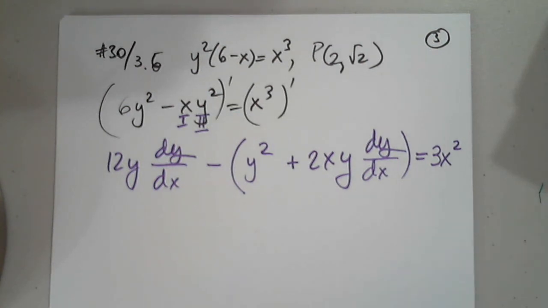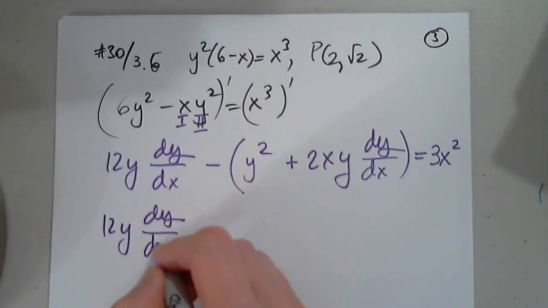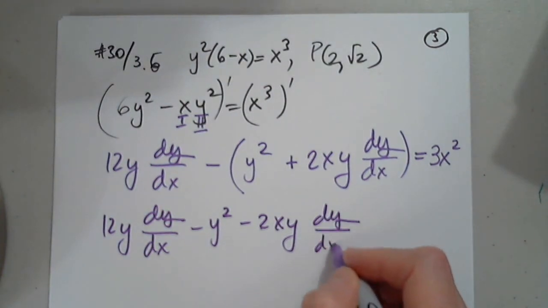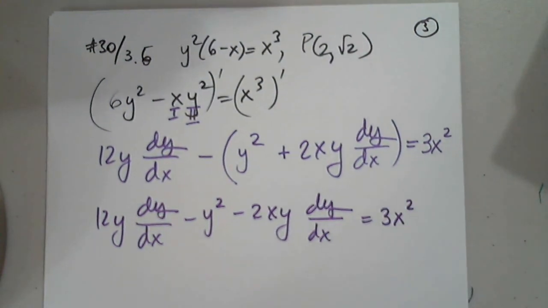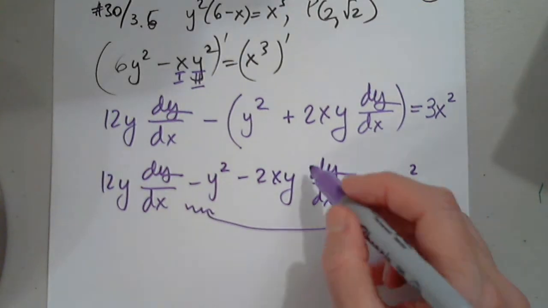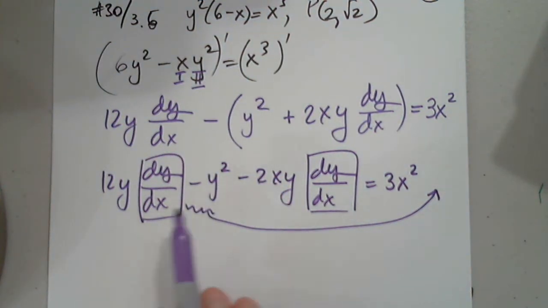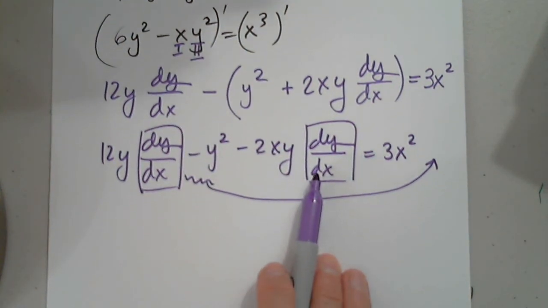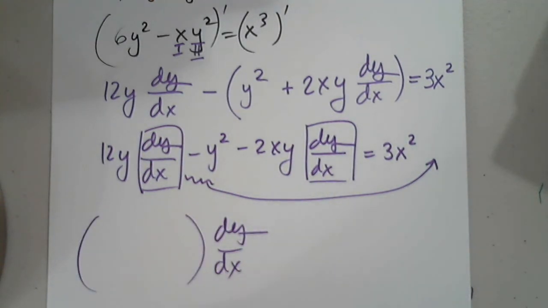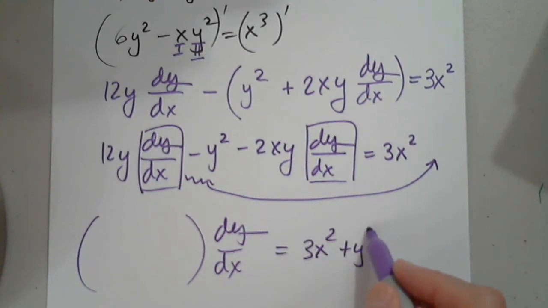At this point, we will distribute the negative sign. So 12y dy/dx minus y squared minus 2xy dy/dx equals 3x squared. This piece has to move to the other side because it does not have the variable. And if you try to add these, you can't, they're not like terms. But what we can do is simply factor out the dy/dx. And the right-hand side is 3x squared plus y squared.